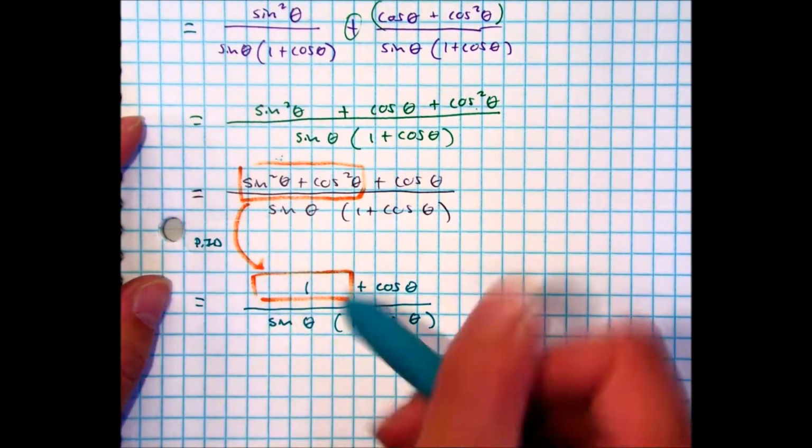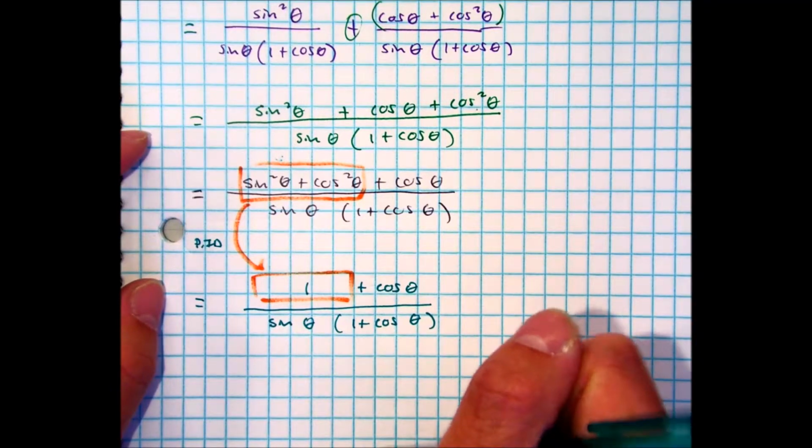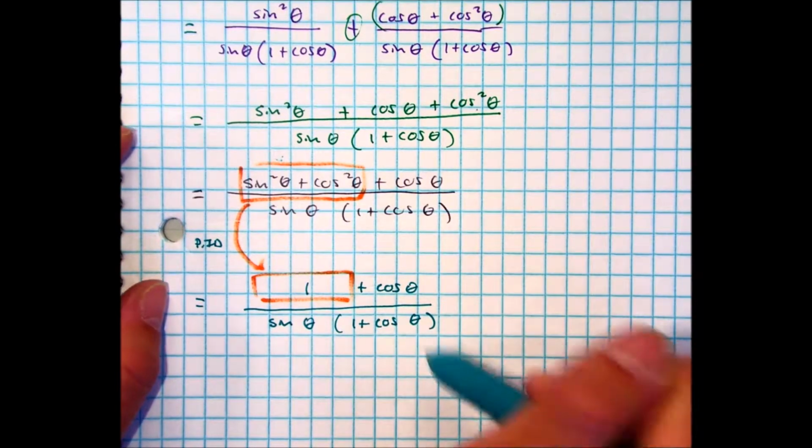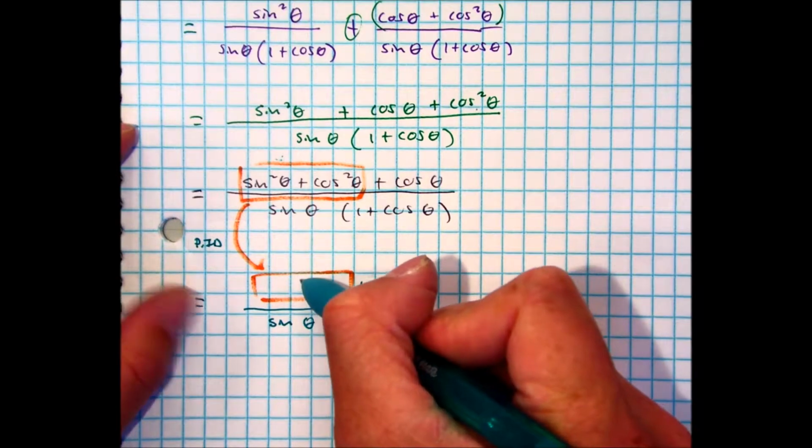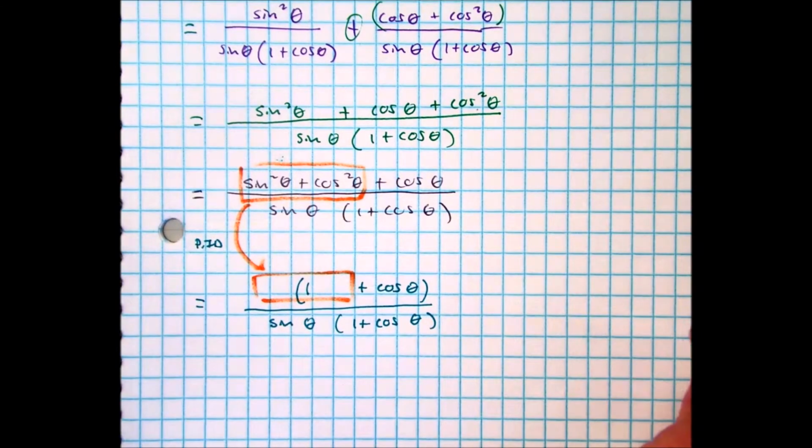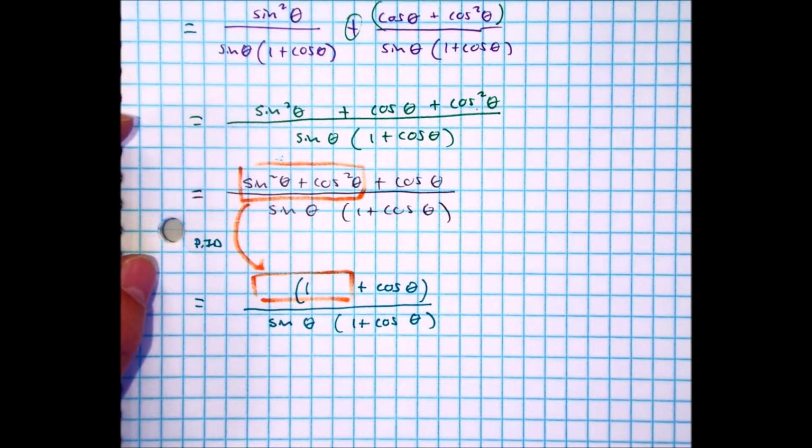Now, the numerator says 1 plus cosine theta. I have another 1 plus cosine theta in the denominator. If I just put a parenthesis around it, it's pretty much the same, isn't it? So I basically have one expression over itself.